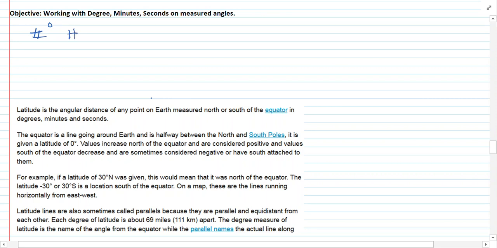Minutes have a number with a hyphen after it, and seconds have a number with quote signs after it. So degrees we understand, those are complete digital numbers.